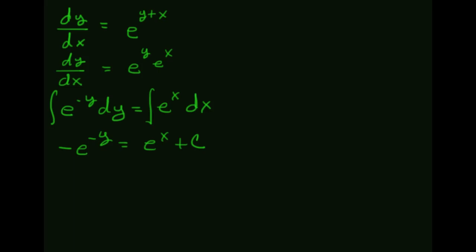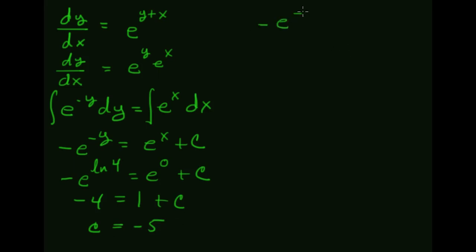All right, so we get the point (0, negative natural log of 4). So this is negative e to the natural log of 4 is e to the 0 plus c. So this is -4, this is 1, which means c should be -5.